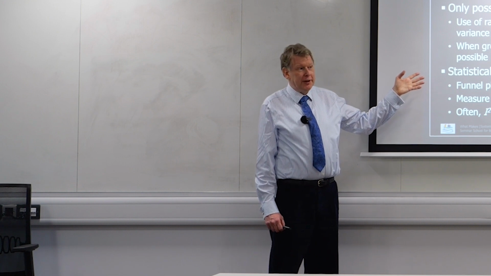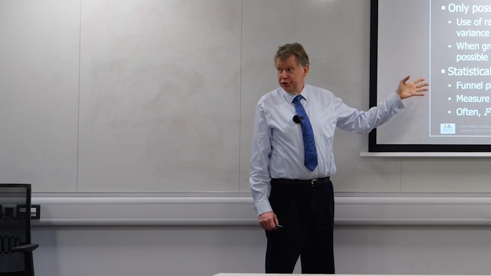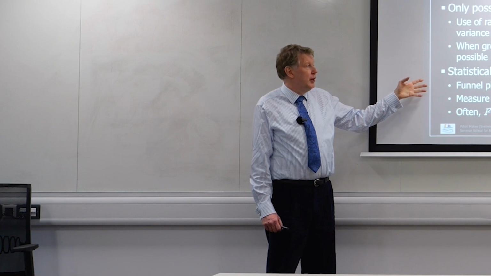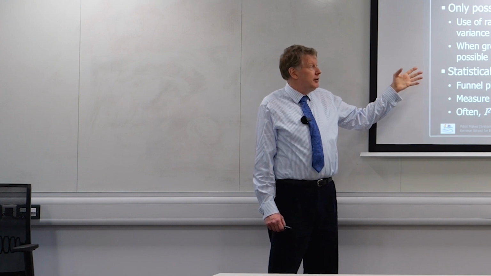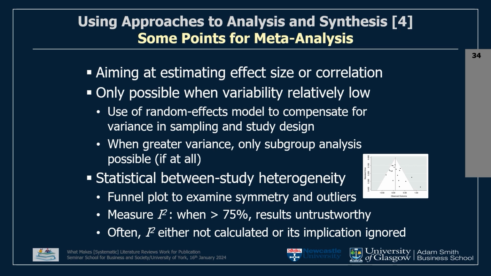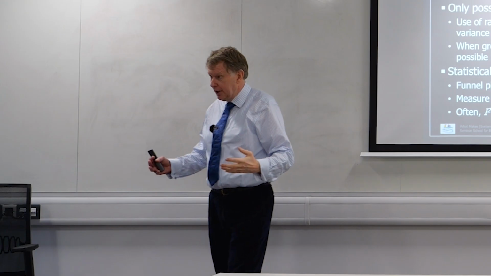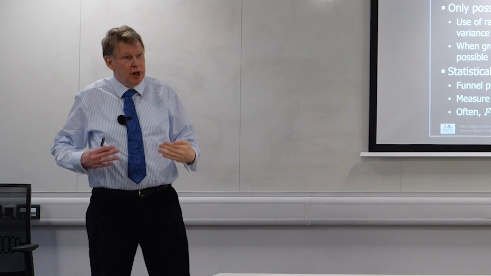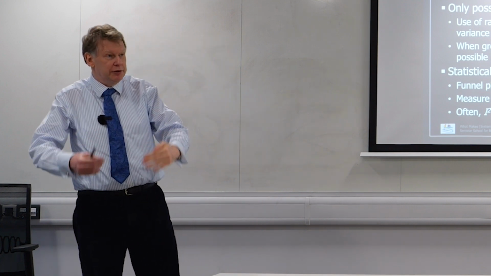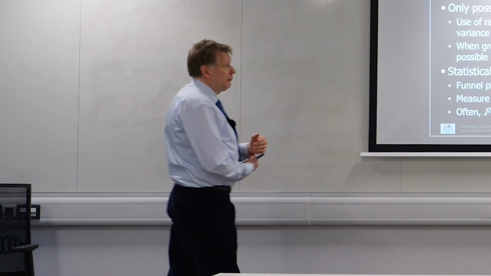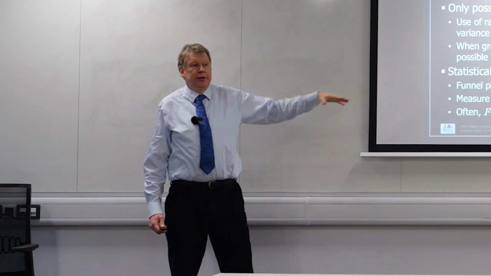So when you're doing a meta-analysis, although it is suitable for our domains, you have to study the statistical between-study heterogeneity, it is called. So how much are those studies apart? And you can only do that once you have completed the calculations. So the 2 ways to do that are a funnel plot and I-squared.